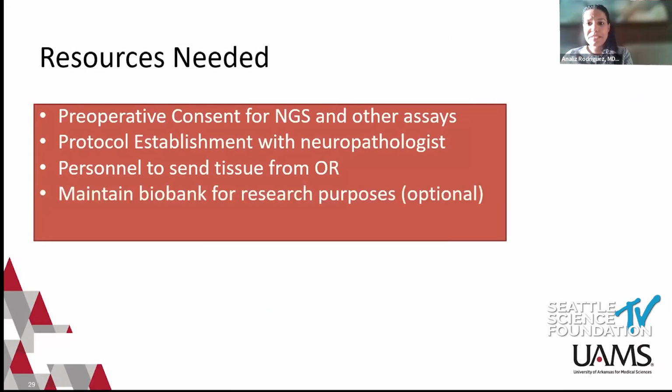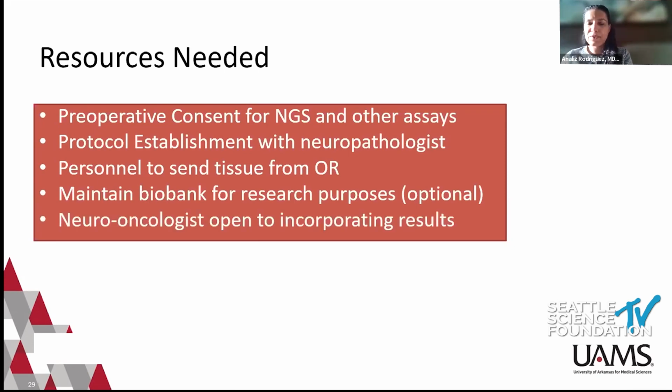Lastly, you need a place to maintain your biobank if you choose to use tissue for research purposes. You also need a neuro-oncologist who's willing to interpret those findings and believes that that may be helpful, because you can give them that assay, but if your neuro-oncologist doesn't buy in, it won't actually drive the patient care.